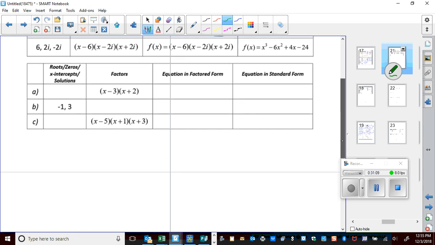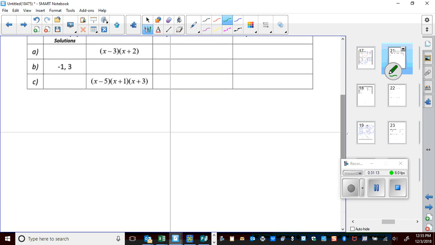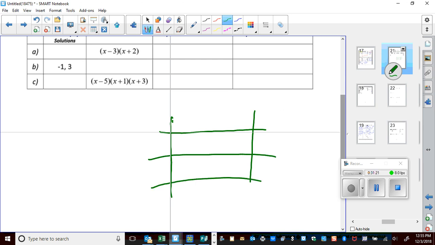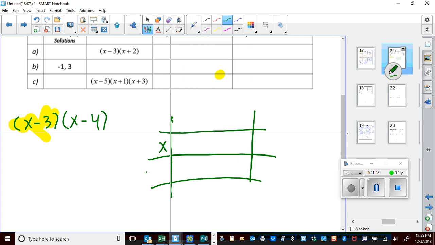So when we're multiplying, please use the box method. So x minus 3, x minus 4. The box method's like this. You create a rectangle. Here's my problem: x minus 3 times x minus 4. Your method here is to put them in the correct places. The first part is going to go on the side, x and negative 3.